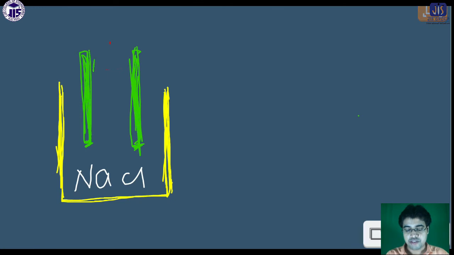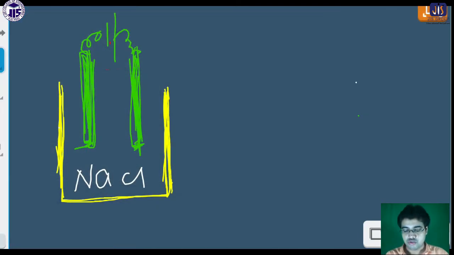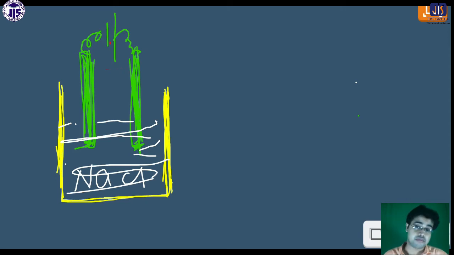Now, if we dip the two inert electrodes into the solution, we have to connect the two chambers to the two electrodes through a battery, because it is the electrolytic cell. If it is the electrolytic cell, obviously you have to supply the energy from outside, so you have to connect the battery.